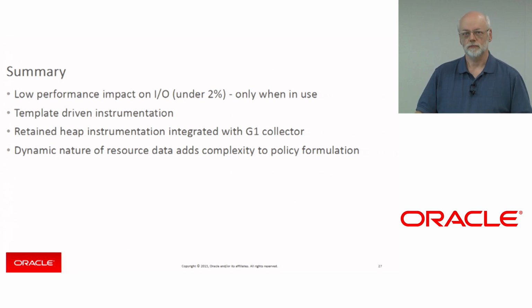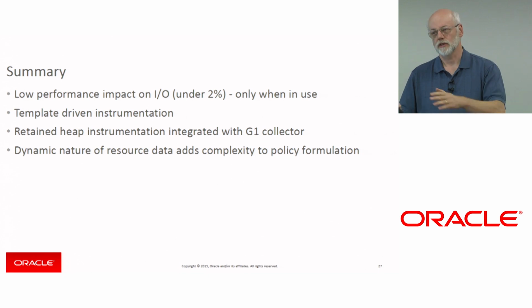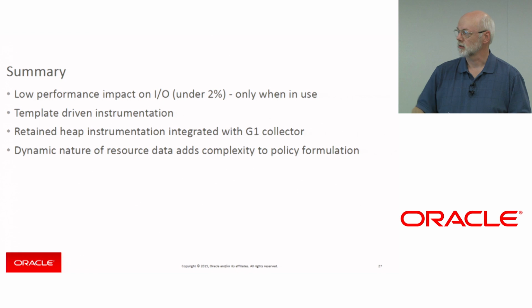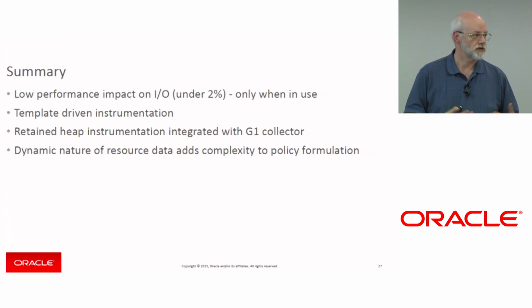We don't have to deal with JVM PI and ASM, at least at the level that I was able to work, by reusing these mechanisms. And the complexities of developing a policy on top of this shouldn't be minimized, because the information that you get is not really cut and dried in terms of what you should do and how you want your system to operate.